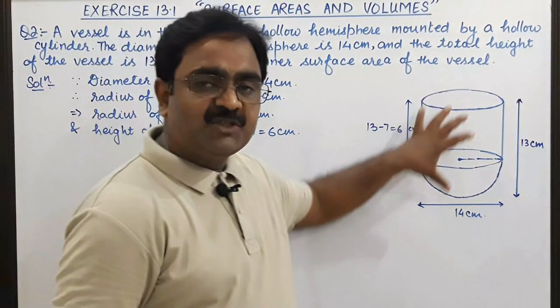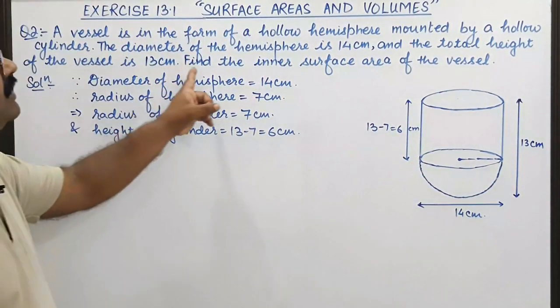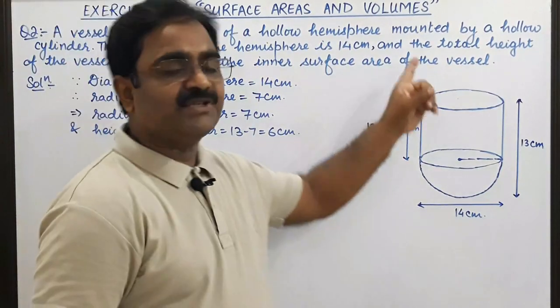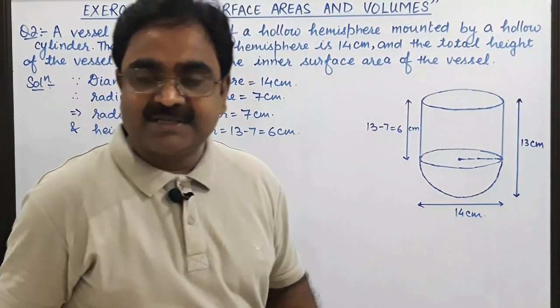After getting these parts of the vessel, we need to find the inner surface area of the vessel. Inner surface area means the inside of this vessel.